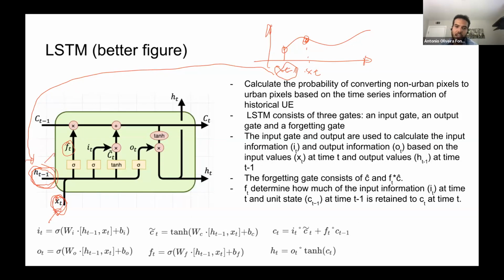The output would be the probability of the urban area expanding or moving in a different direction per pixel, for the time step t. Okay, so that's essentially what the LSTM is doing here.